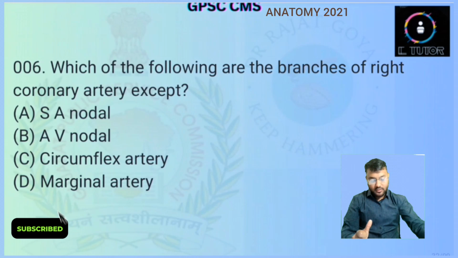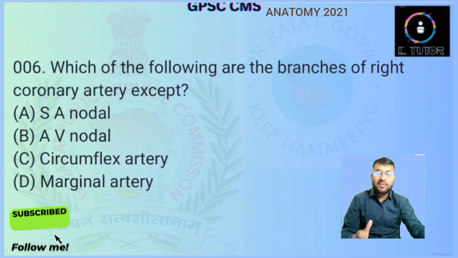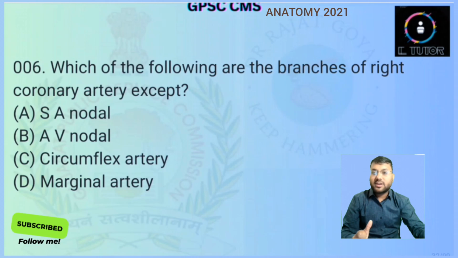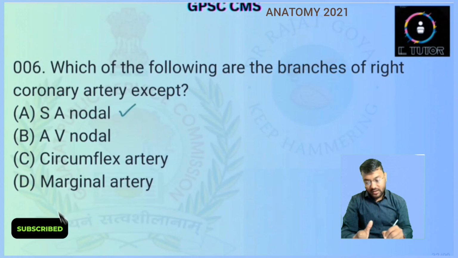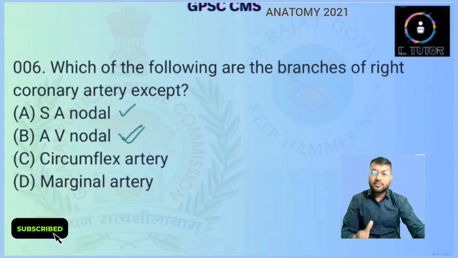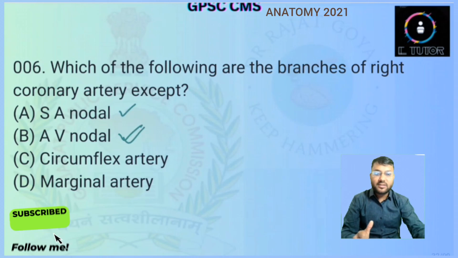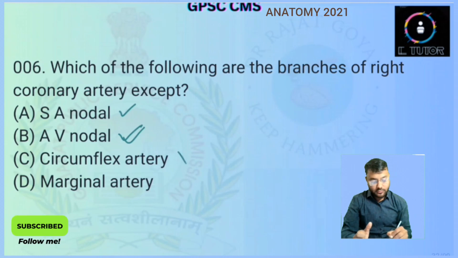Next question. Which of the following are branches of the right coronary artery except? It is a very easy question. The right coronary artery gives a branch to the SA node, so SA nodal is true. AV nodal is also there. Circumflex artery is a branch of the left coronary artery, not the right one, so this is not true.